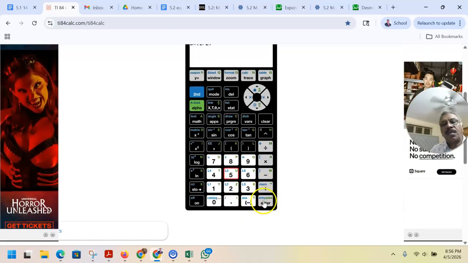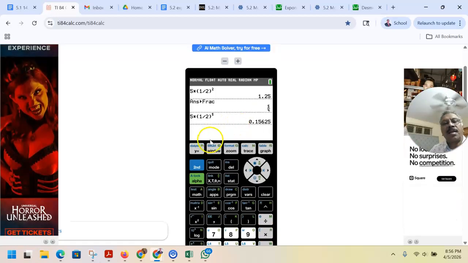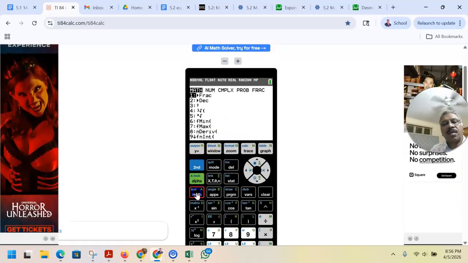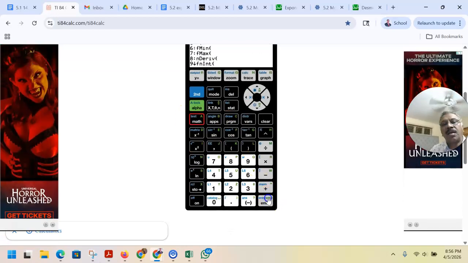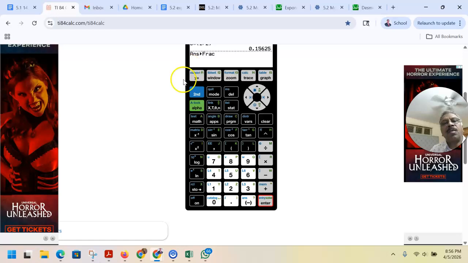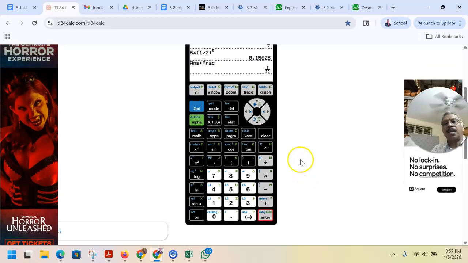I think it gives you the decimal, and then you want to change this to a fraction, so you click on math. There is already a fraction option, so enter, and then because this answer has to be changed to a fraction, you click one more time, and you get 5 divided by 30.